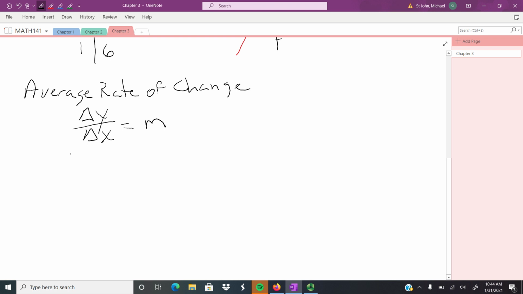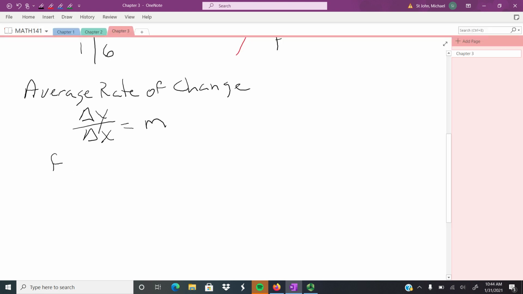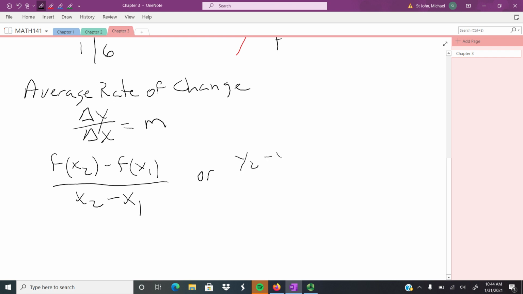In terms of function notation, this is f of x2 minus f of x1 over x2 minus x1, or in probably the more familiar way you've seen this, y2 minus y1 over x2 minus x1.